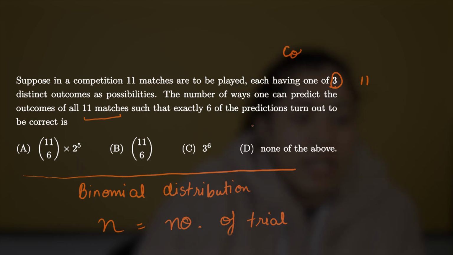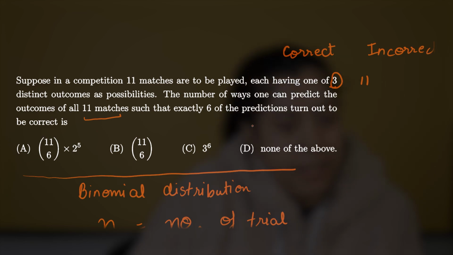Thus, success is predicting the outcome correctly, and the second outcome is predicting the match incorrectly. Since there are 3 distinct outcomes, there is just 1 correct, so that will be 1, and incorrect will be 2. We are not considering probability here because we have to tell the number of outcomes and not the probability.